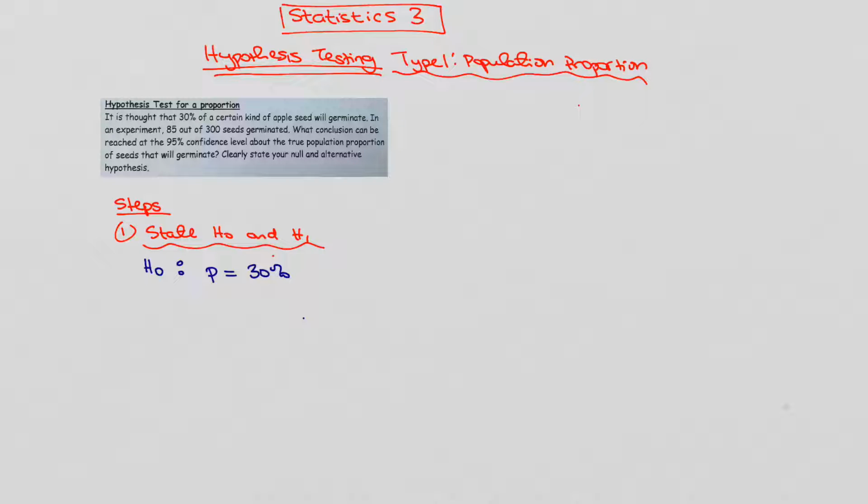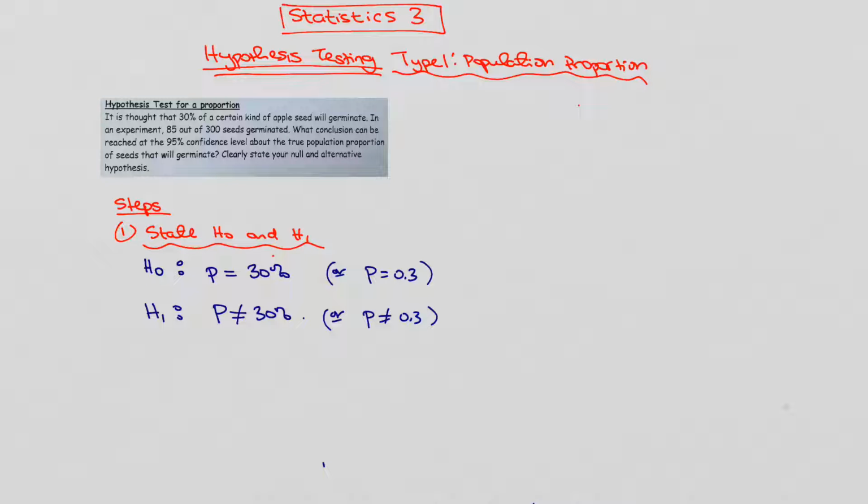And of course you can state that as P is equal to 0.3 either. That's up to yourself. And then my alternative hypothesis is that there is a change. So therefore that would be that it is not equal to 30%. Or again, we could say that is not equal to 0.3, right?